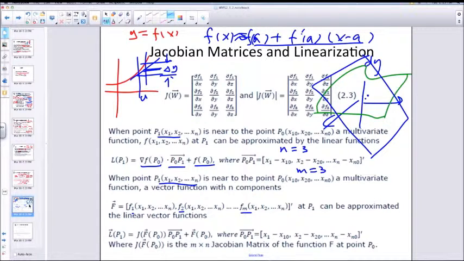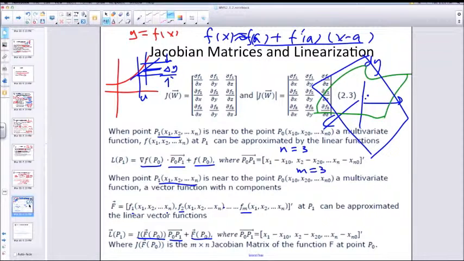But we still have the same concept of the linearization. What do we do? The linearization equals the function at that particular point, just plug it in, add the Jacobian matrix, multiplied by the vector of the difference. Here's the vector, but you put it into a column.